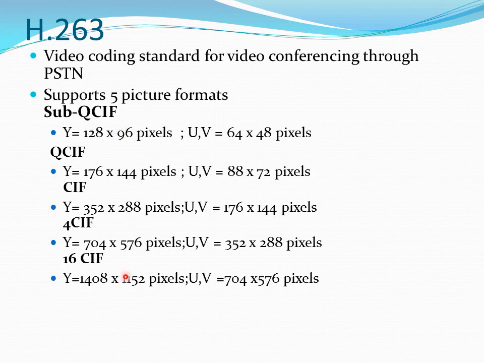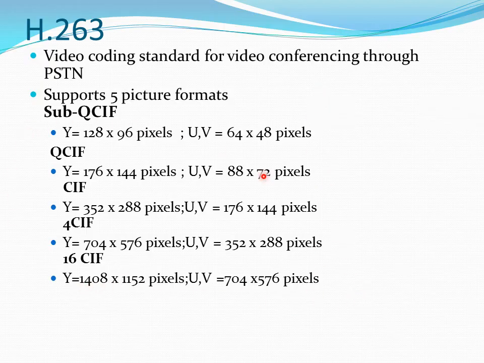By observing it, you can find QCIF, then CIF will be double of that, 176 into 352, therefore 352, and here Y refers to the luminance and UV refers to our chrominance. And then 4CIF means it is double again, and then 16CIF is double of this one, therefore you will have 1408 and so on.